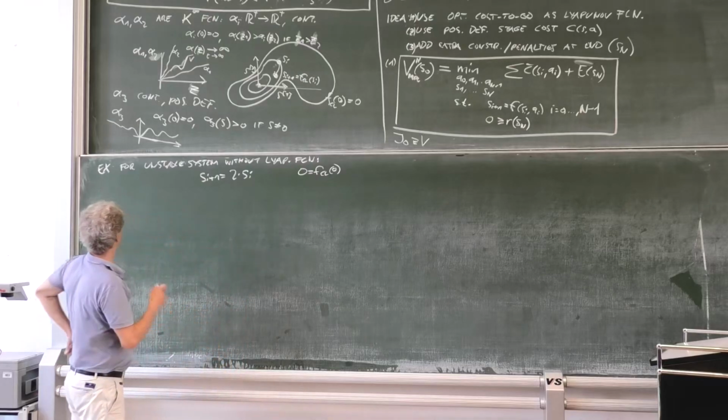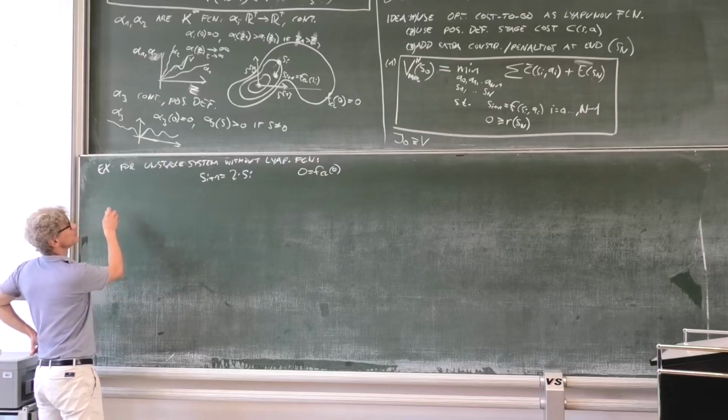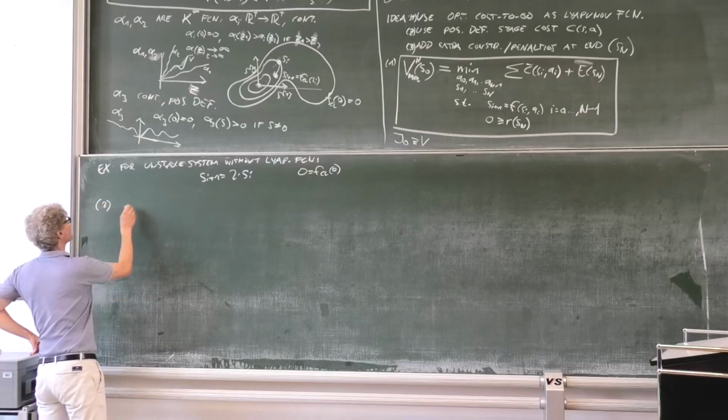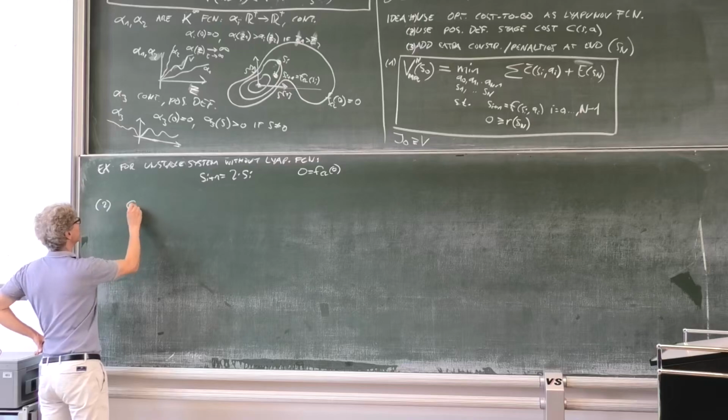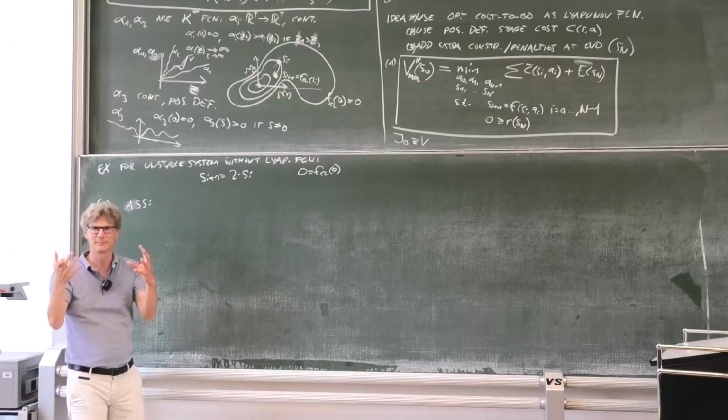So let me just say that for the two other points, we now use a positive definite stage cost. We just impose, so that's an assumption, and this is already a design question.